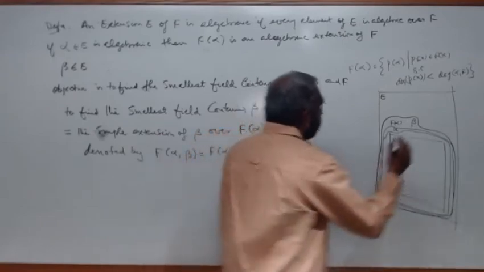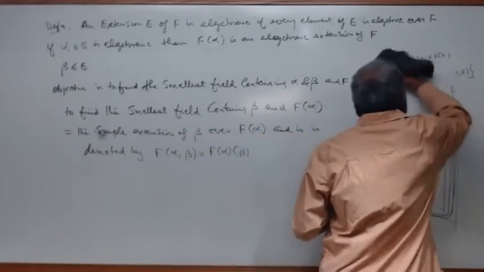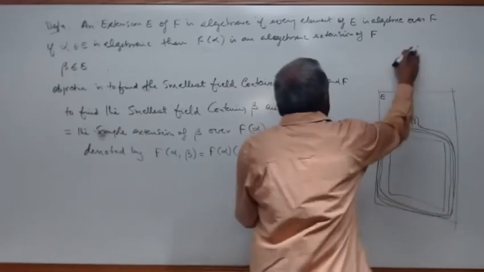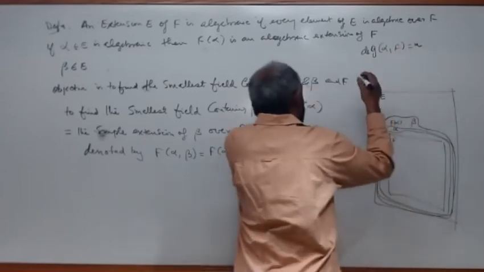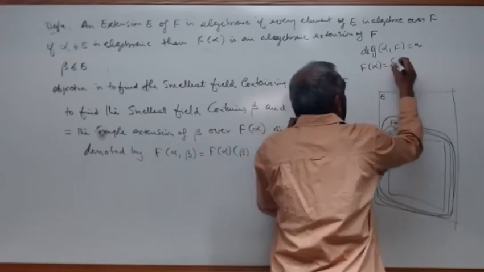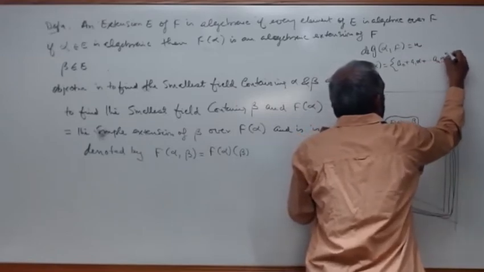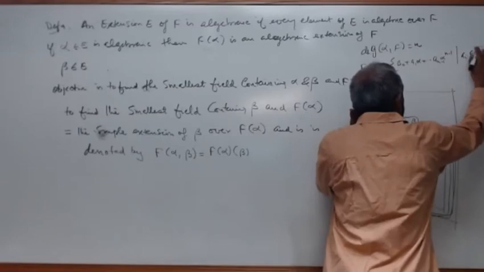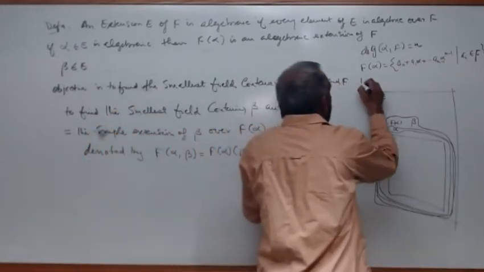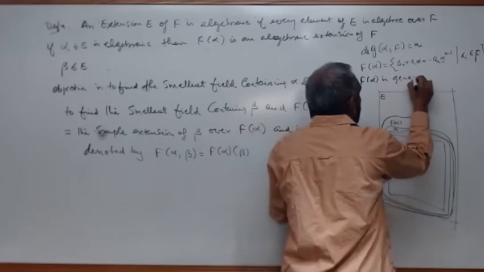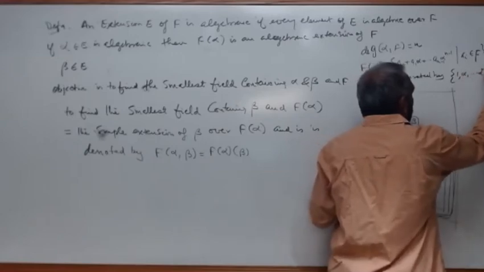If the degree of alpha over F is equal to n, then F(alpha) we can write as a0 plus a1 alpha plus and so on up to a(n-1) alpha to the power of n minus 1, where the a's belong to F. Or you can say F(alpha) is generated by 1, alpha, up to alpha to the n minus 1.